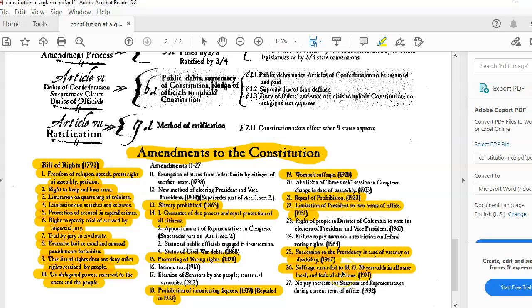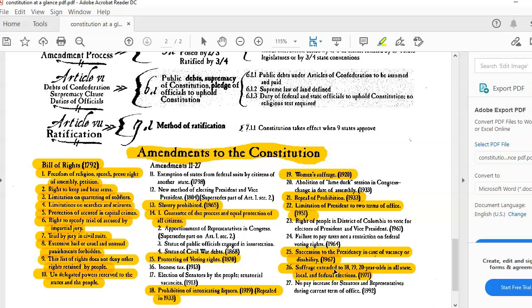The basis for Amendment 26 was the Vietnam War. So you can see the date, 1971. A lot of people really were upset that they couldn't vote until they were 21, but they could certainly be sent to Vietnam to fight in a war. And they just found that to be very unfair. So this Amendment 26 actually changed the voting age from 21 to 18.